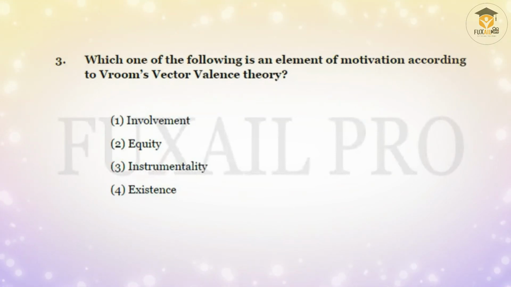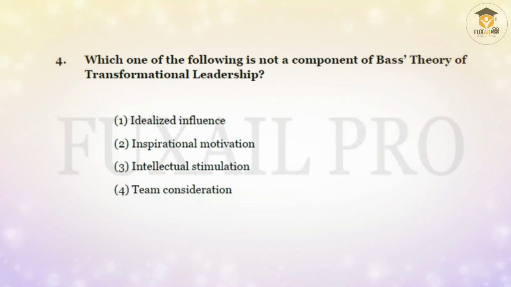Equity, 3. Instrumentality, 4. Existence. 4. Which one of the following is not a component of the base theory of transformational leadership? 1. Idealized influence, 2. Inspirational motivation, 3. Intellectual stimulation, 4. Team consideration.